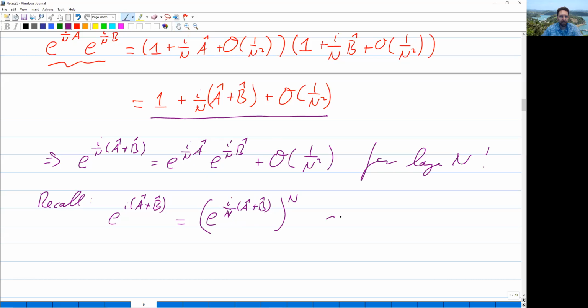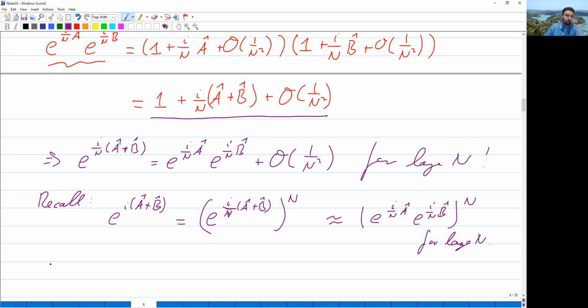So that then becomes approximately, for very large n, e to the power of i over n â, e to the power i over n b̂, to the power of n, for large n.